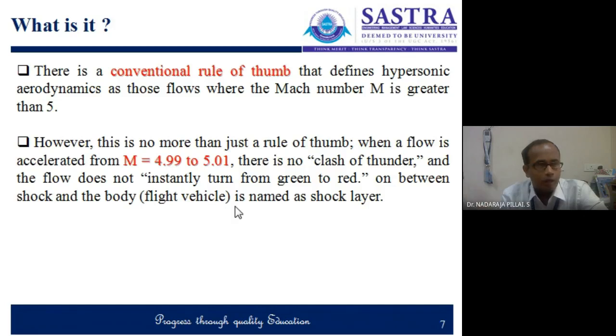According to the oblique shock theory, we consider there is a flow deflection angle, the wedge angle and the flow deflection. So the distance between the body and the shock, we call that layer the shock layer. But simply calling that a shock layer at Mach number 5 does not make any big difference. That's all. So now we are very much clear that at Mach number 4.99 to 5.01 nothing happens.